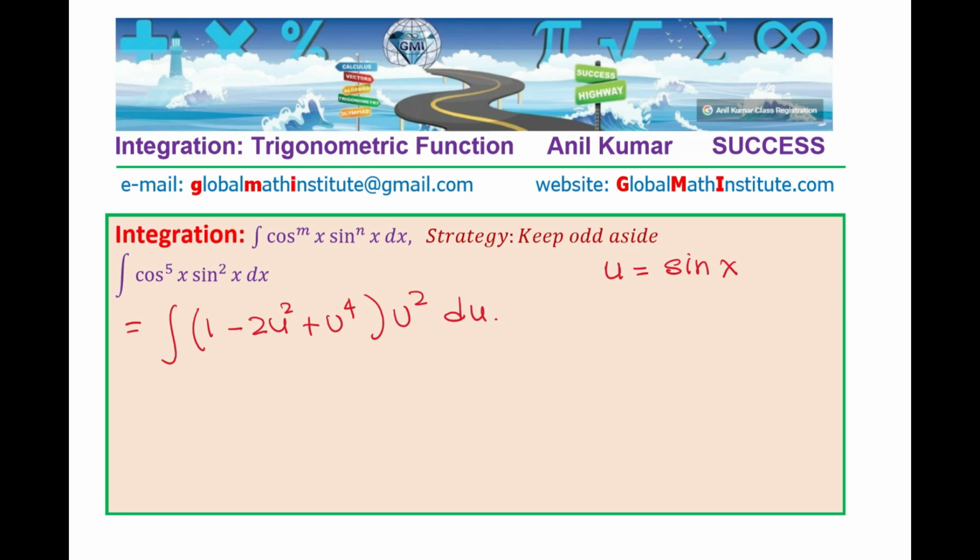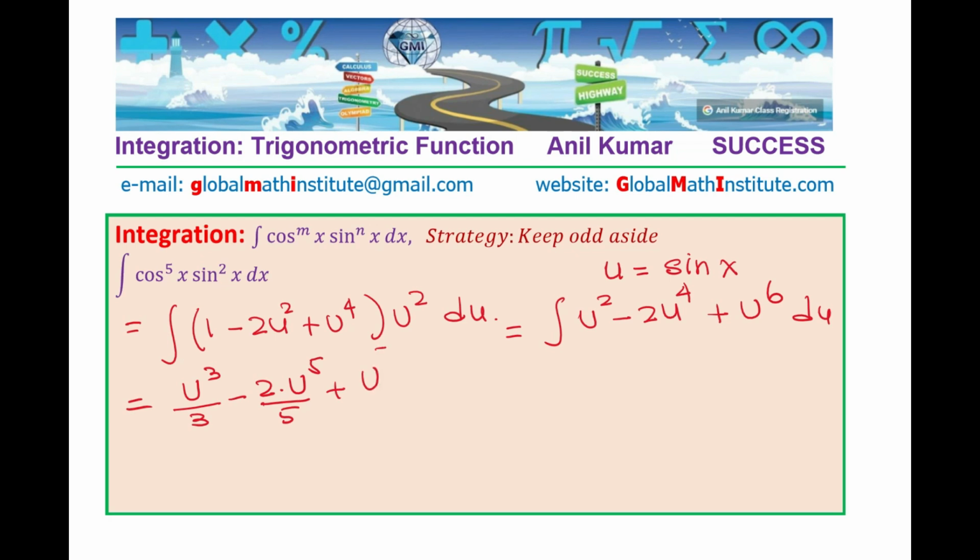So if you open this bracket, what do you get? You get the integral of u square minus 2u to the power of 4 plus u to the power of 6 du. And the integral will be, apply the power rule, u cube over 3 minus 2 times u to the power of 5 over 5 plus u to the power of 7 over 7 plus c, right?